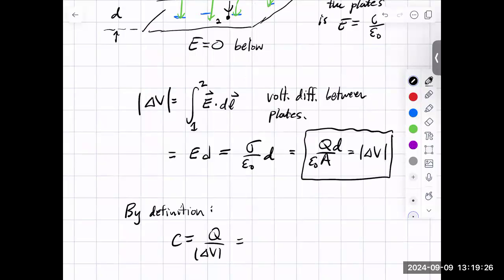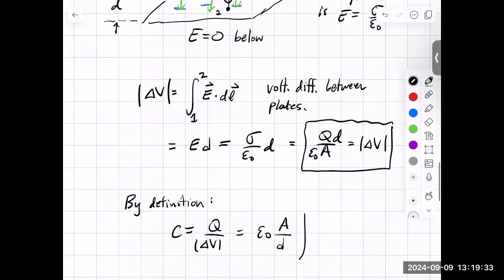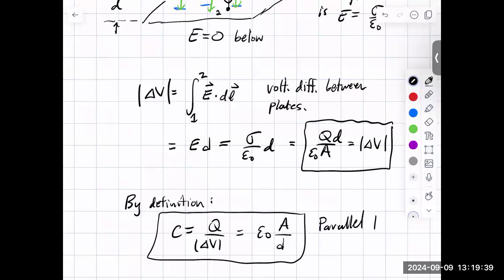And so this is the familiar result for the capacitance of a parallel plate capacitor.